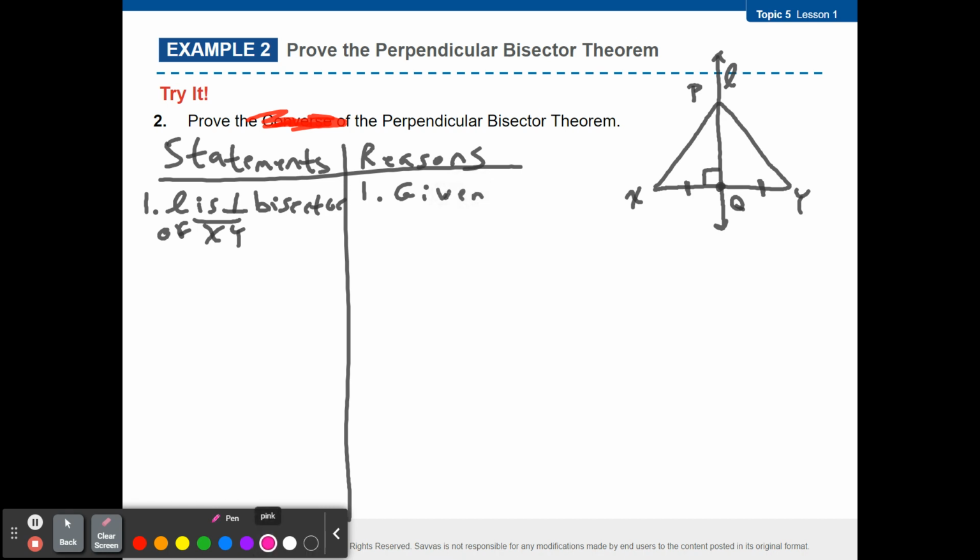All right, so now that I know that, I'm going to state for part 2 that angle PQX and angle PQY are right angles. And that's by the definition of perpendicular lines.